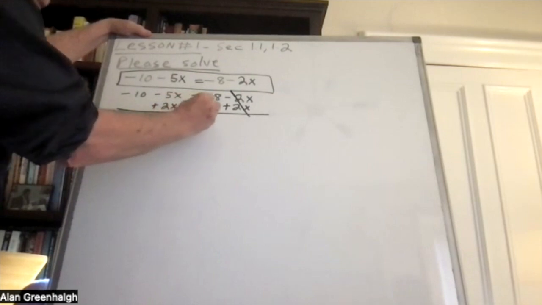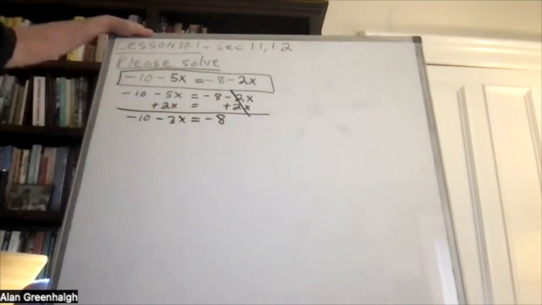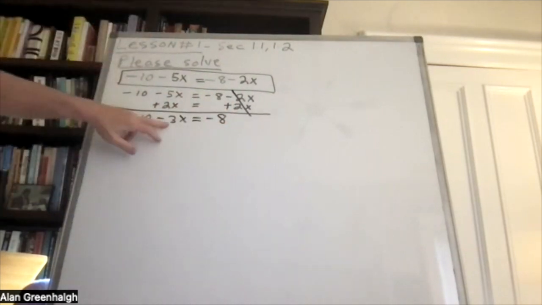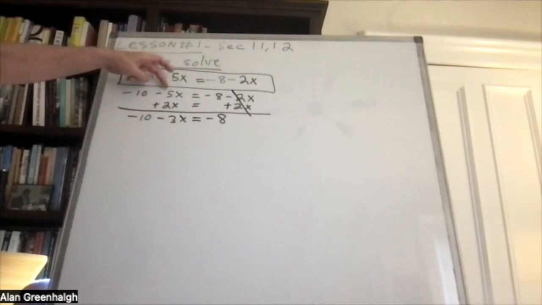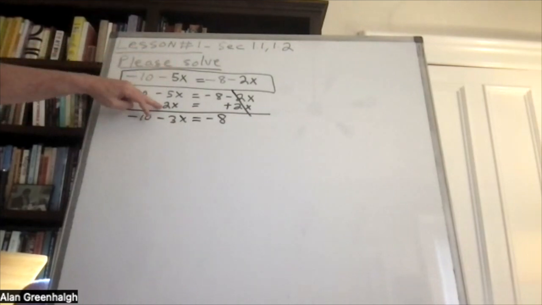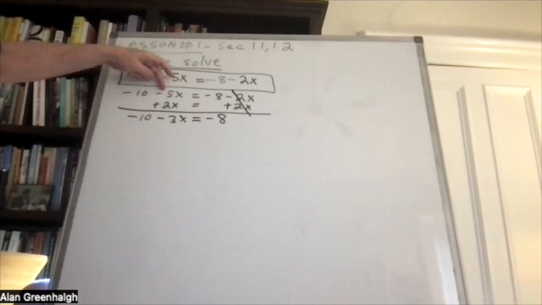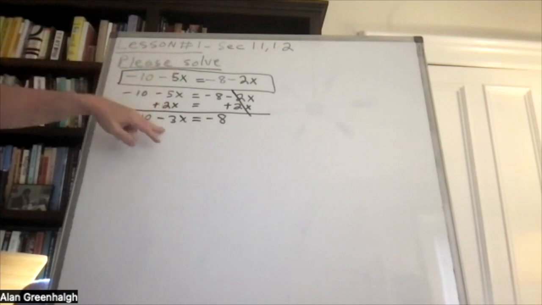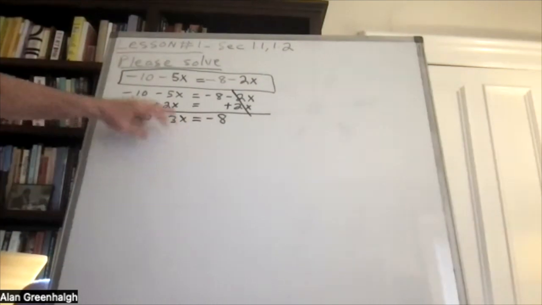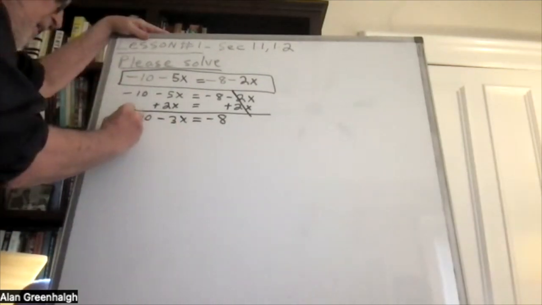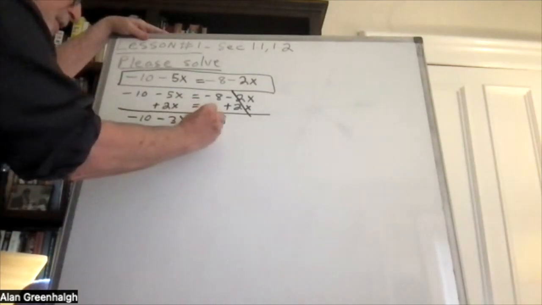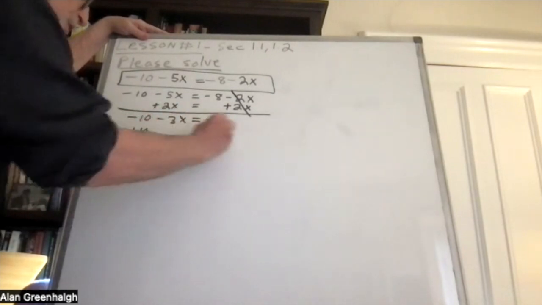-3x equals -8. And I get the -3 because I'm adding a -5 and a +2. And I'm keeping the sign of the 5, which is the negative, and I'm subtracting and getting 3. Now I have the variable on the left, and I bring the number to the other side of the equation.